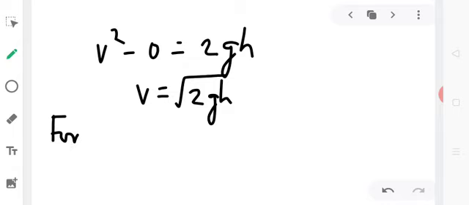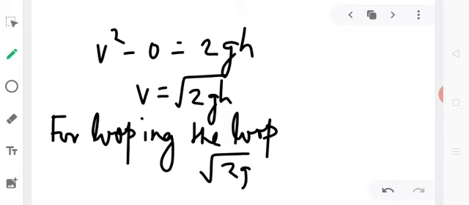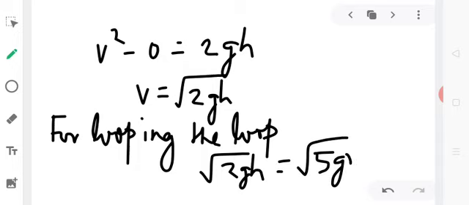So for looping the loop, this velocity v acquired at L must at least be equal to root over 5gr. So we can write root over 2gh equal to root over 5gr.